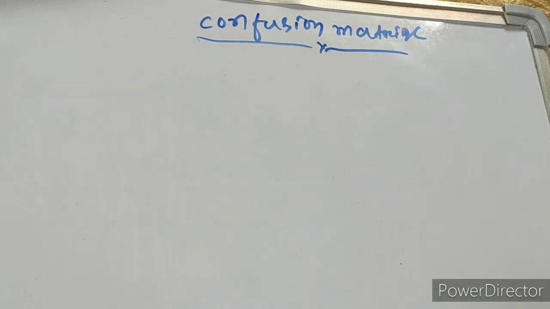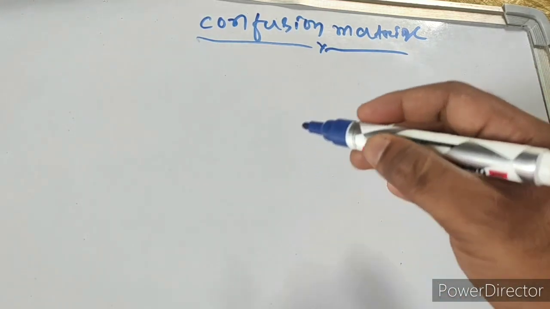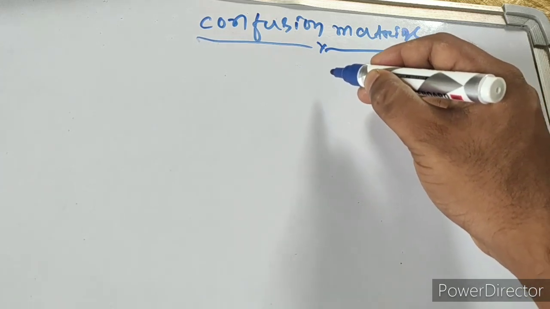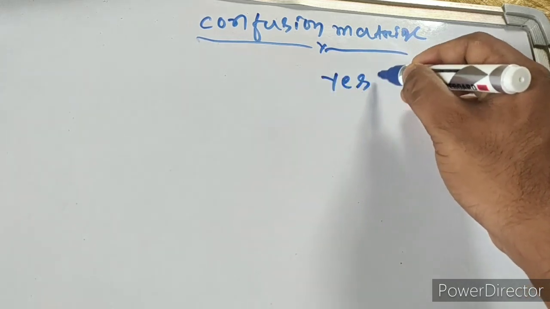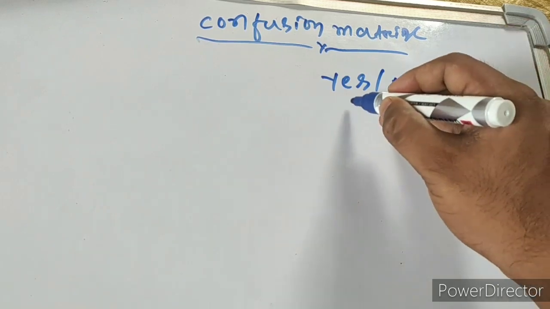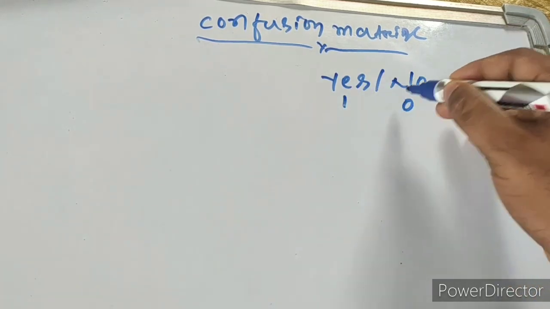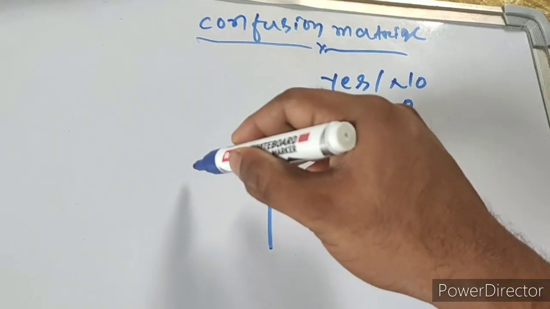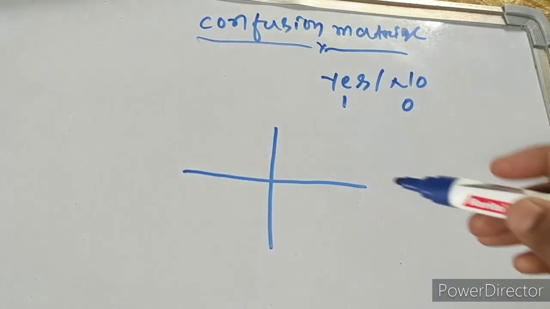So let's draw the confusion matrix. In a confusion matrix for binary classification, there are two options, yes or no. For yes we take 1, for no we take 0. We will create a matrix with 2 rows and 2 columns, like this.